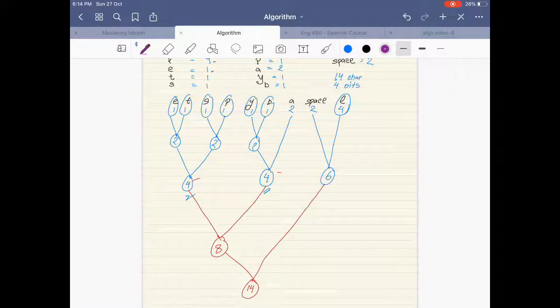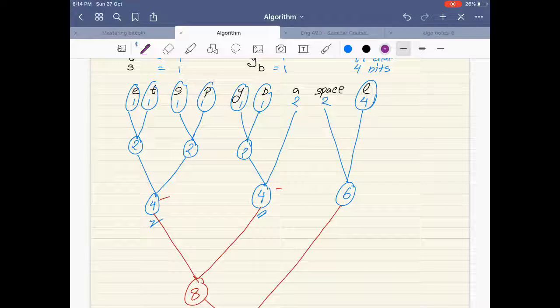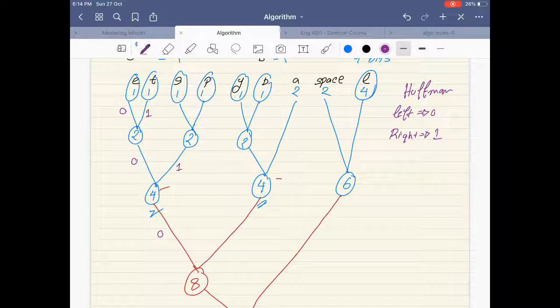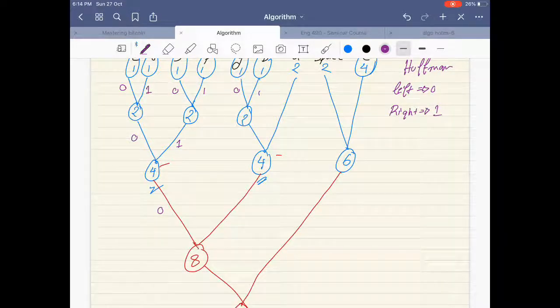Now we have to put 0 or 1 on each of the edges. So always remember, in Huffman the edges on your left would be 0 and the edges on your right would be 1. So this would be 0 1 0 1, this would be 0 again, 0 1 1 0 1.